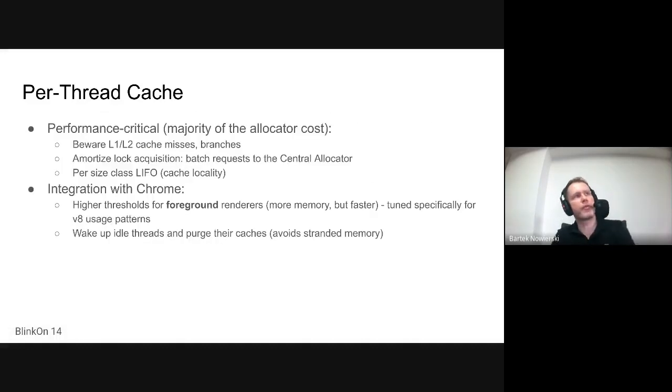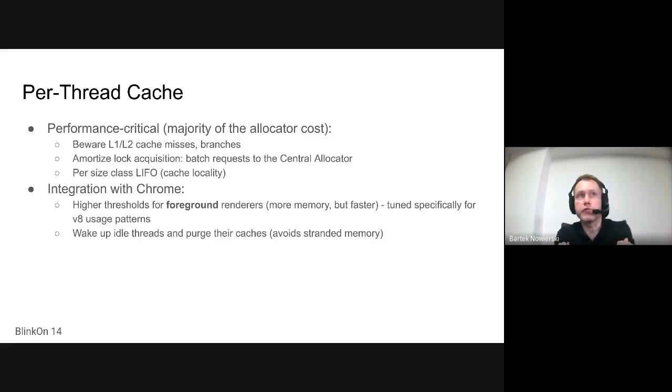Now, like I mentioned, over 95% of allocations are coming from thread cache. So we have to make sure we don't do anything stupid there, because it's a performance-critical hot path. We cannot add some random if branches. We cannot access some deep structures that are likely not in cache.